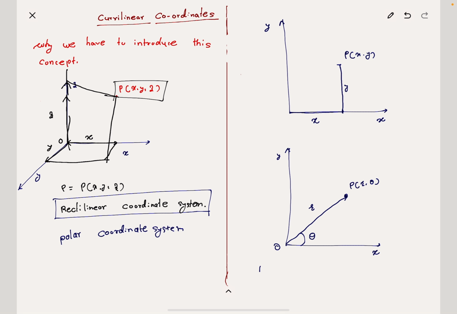So we can say P, which is a function of x comma y, now again it is a function of r and theta. Okay, the next part is we can have more extension. Say this is again a point x comma y.